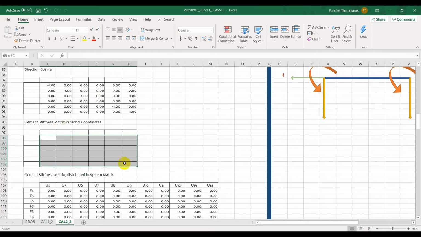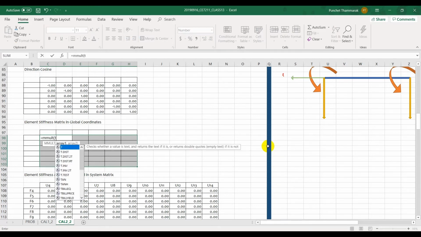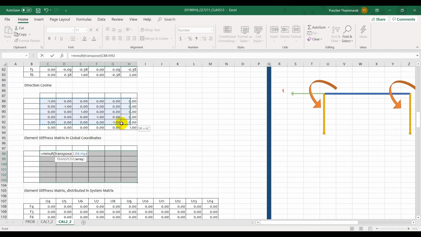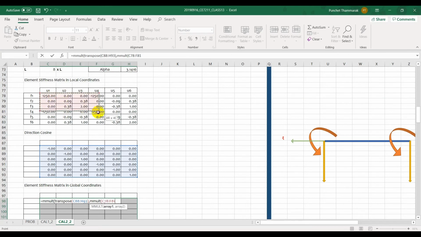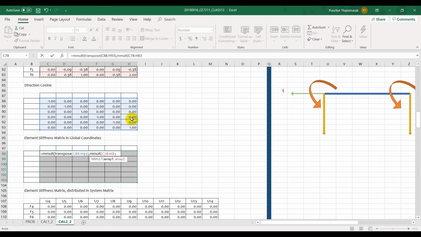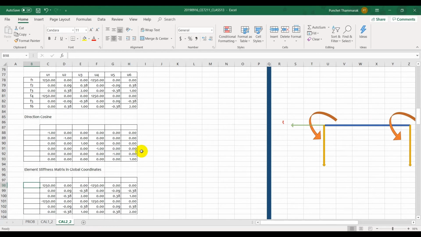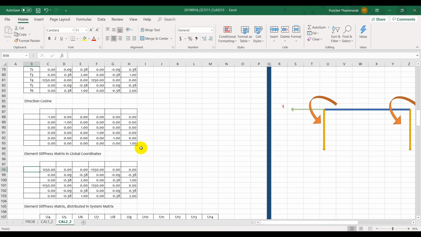So I will come up with the transpose of the direction cosine multiplied by the stiffness matrix in local coordinate, multiplied by the direction cosine another time, and there you go, we get the transformed stiffness matrix.